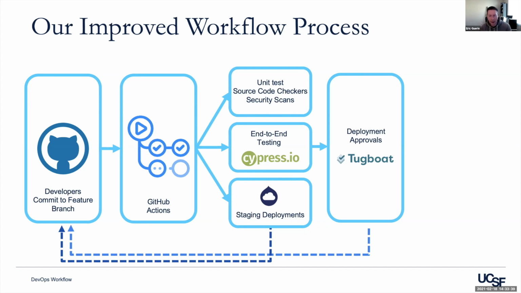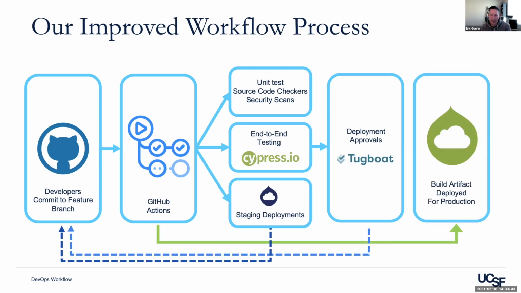So if all this is good, we move to the next step, and that's the build artifact. And then that build artifact is approved and everything goes out to production. So this is our new process. Again, we're kind of working on it still.